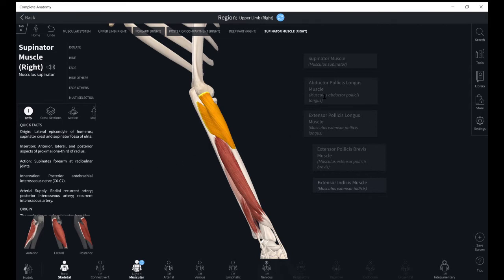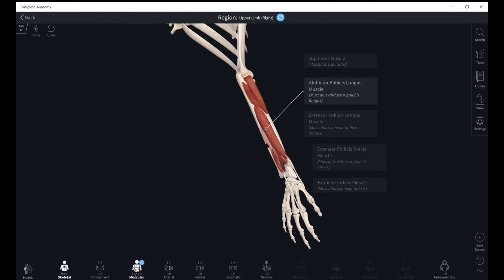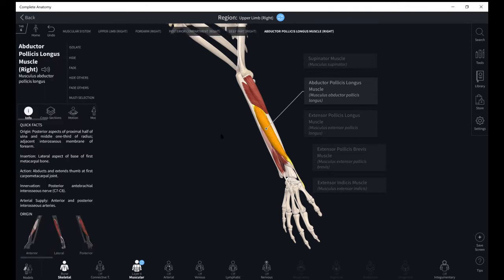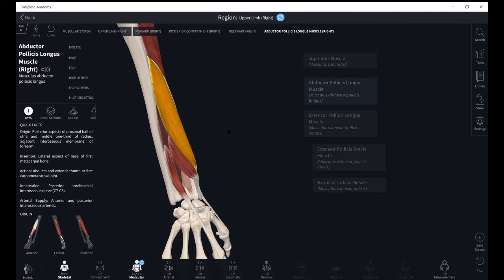We'll move to the abductor pollicis longus. Get that highlighted, and we can see that its origin is the posterior aspect of the proximal half of the ulna, and then the middle third of the radius adjacent to the interosseous membrane of the forearm.